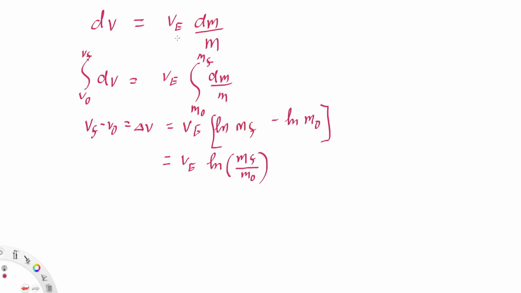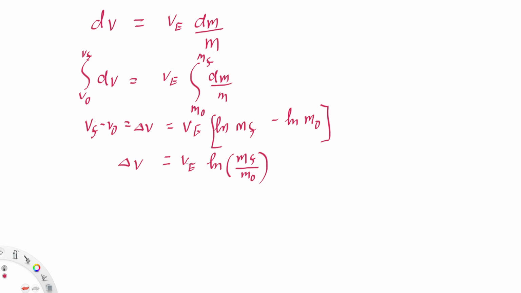Now, throughout this derivation, I've kind of implicitly assumed that there's a negative sign inside the exhaust velocity because it's going the opposite direction of the rocket. But it's more usual to see this written in terms of absolute values. So we want the speed of v. There's a negative sign inside v because v_e is in the opposite direction of delta v.